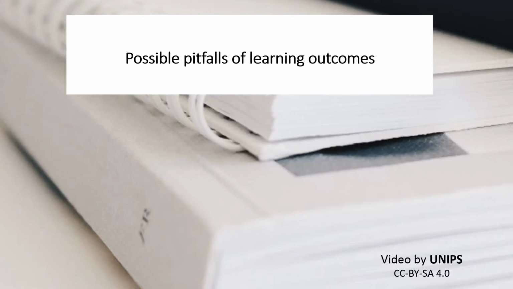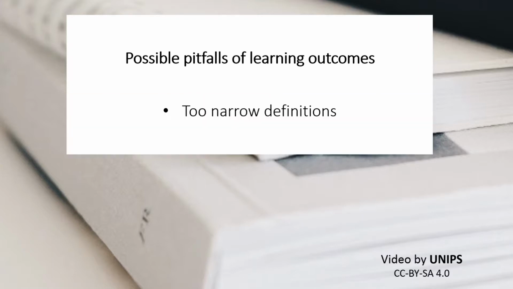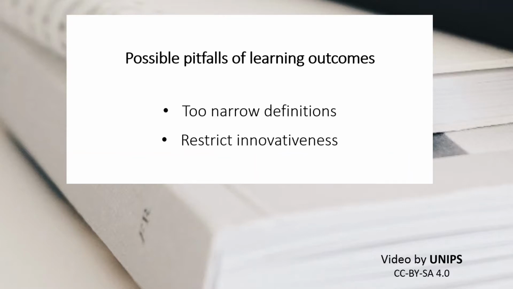The possible pitfalls for learning outcomes are thus such as too narrow definitions, meaning that clear definitions can be too detailed, leaving no room for broad understanding. They can also restrict innovativeness. University education should be about creating new ideas and helping society to progress.